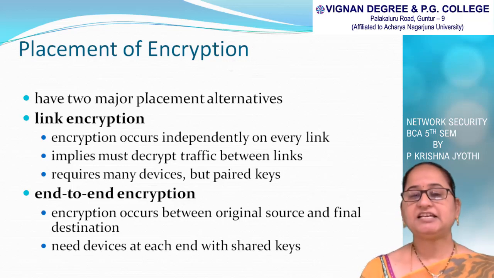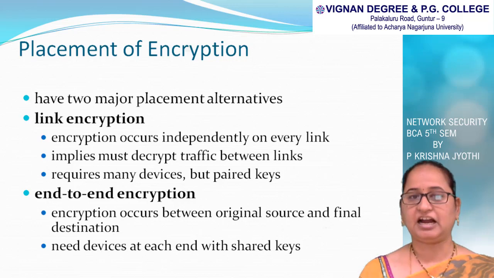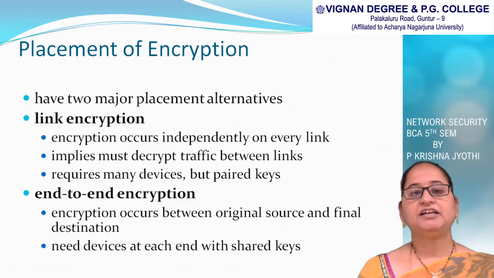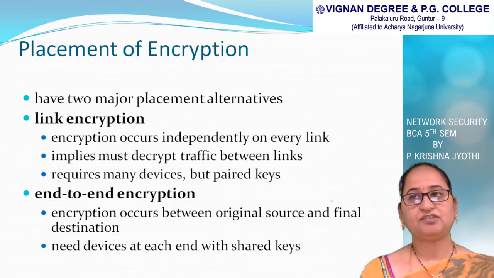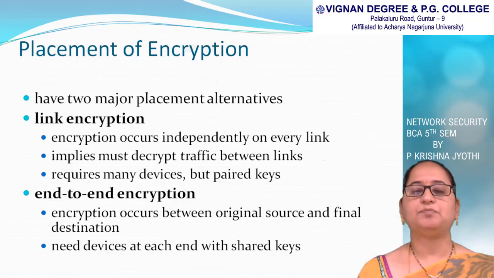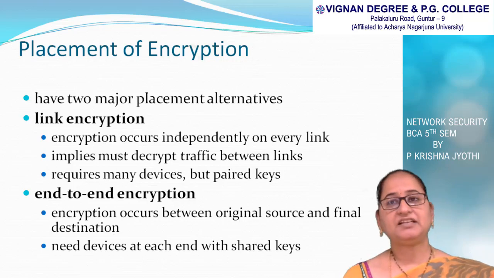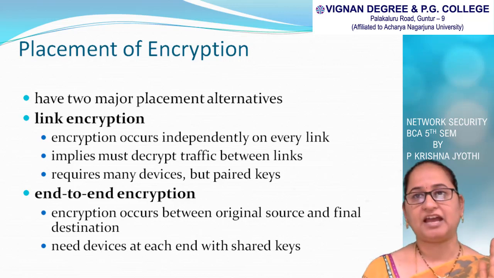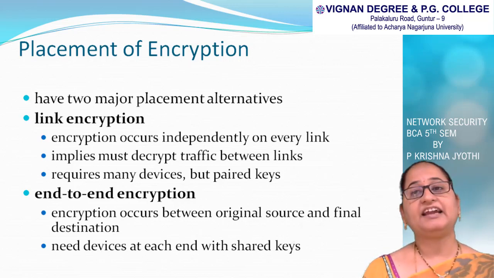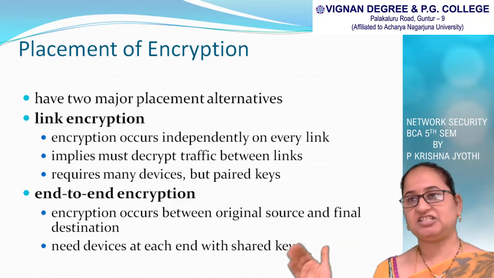Link encryption occurs independently on every link. It implies decrypting traffic between the links, and it requires many devices but paired keys. Link-to-link encryption means that an encryption device is placed at the source side, and another encryption device is placed at the destination side.